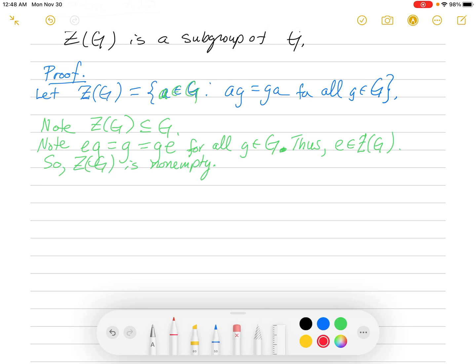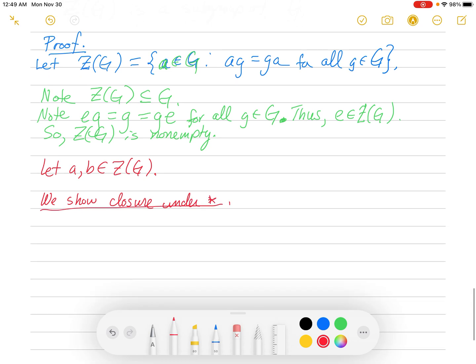Okay, now we want to show the first real step of the subgroup test. We want to show closure under the operation. So I'm going to take two arbitrary elements. Let a and b both be in the center. We'll just call the operation star.